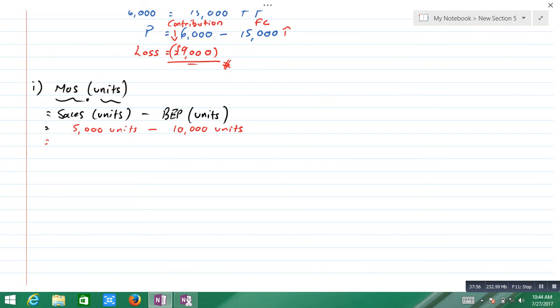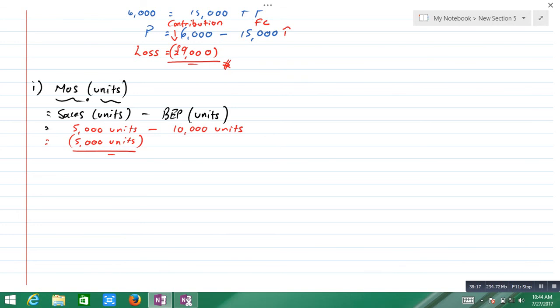MOS value is required next, which is sales value minus break-even point value. So that's easy. What we're gonna do here is take 5,000 units times the selling price.